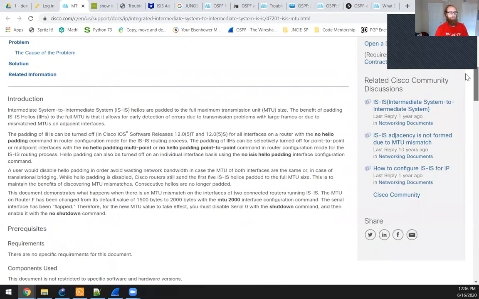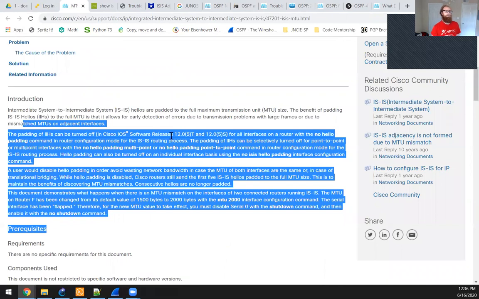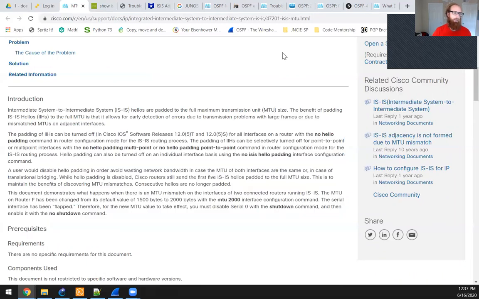Yeah, let's just read the introduction. Intermediate system to intermediate system, ISIS hellos are padded to the full maximum transmission unit, MTU size. The benefit of padding ISIS hellos, IIHs, to the full MTU is that it allows for early detection of errors due to transmission problems with large frames or due to mismatched MTUs on adjacent interfaces.